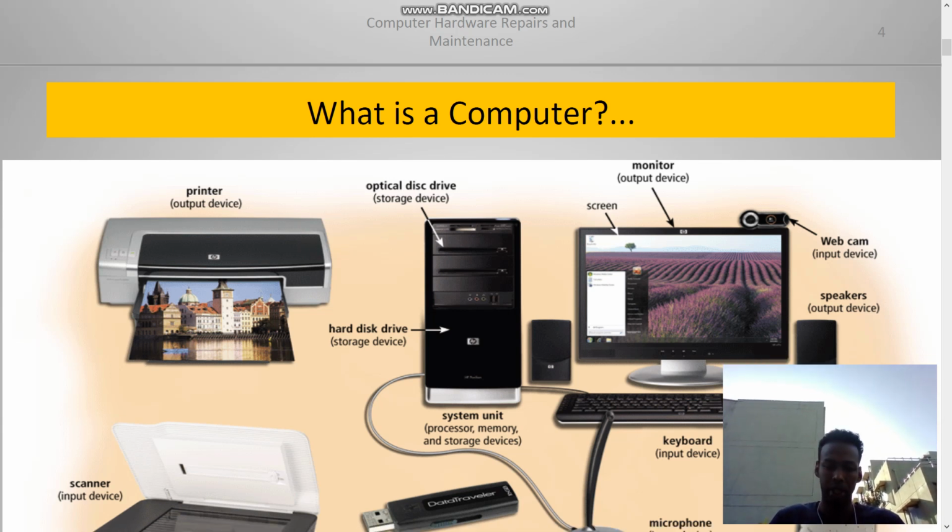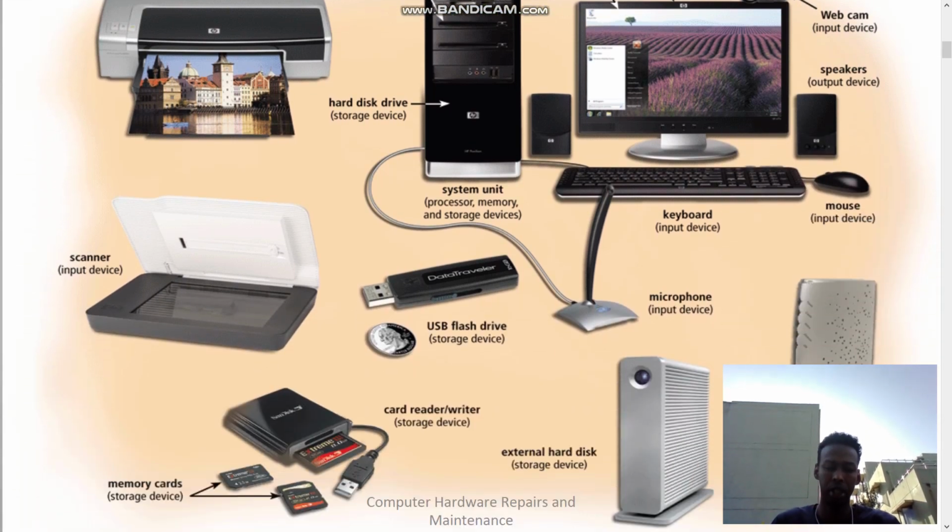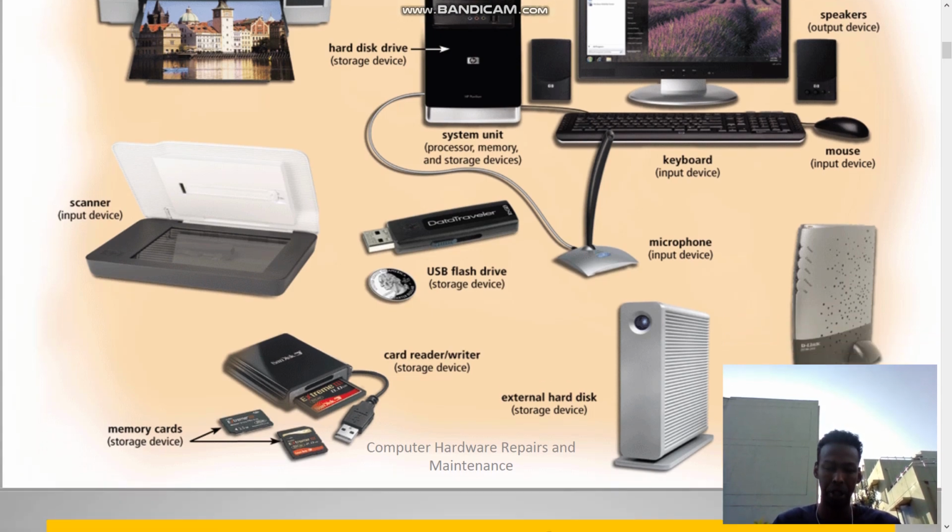All of these components are electronic devices that only work with the computer system, like an external hard disk. An external hard disk is used only for storing data from outside of the computer.